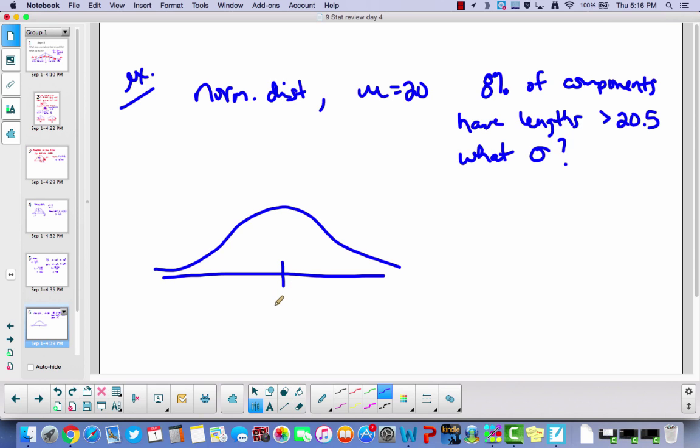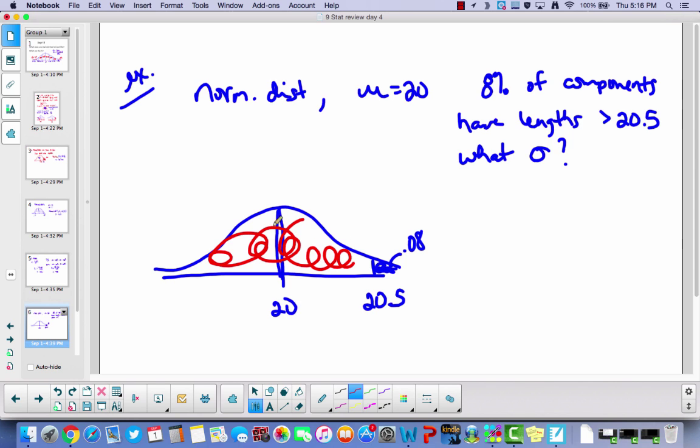Okay, so we have a mean of 20. We don't know what our standard deviation is. We know that only 8%, so this little portion here is 0.08, which leaves all of this to be 0.92. Using these scores, if we do a z-score, we use our mean as 0 and our standard deviation as 1.